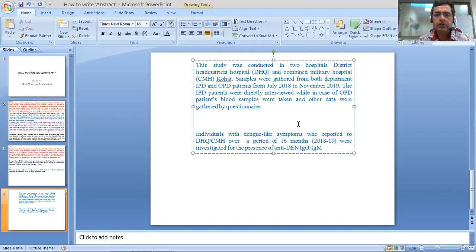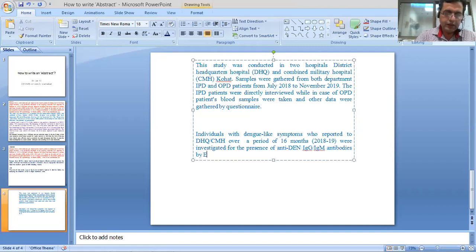So you have to describe these things in the methods, that what different methods actually you used for your assessment. So here you investigated these patients for the presence of anti-dengue IgG or IgM antibodies by ELISA.